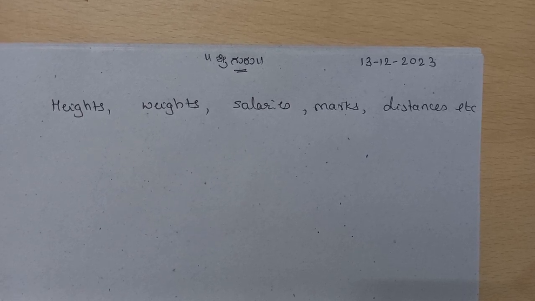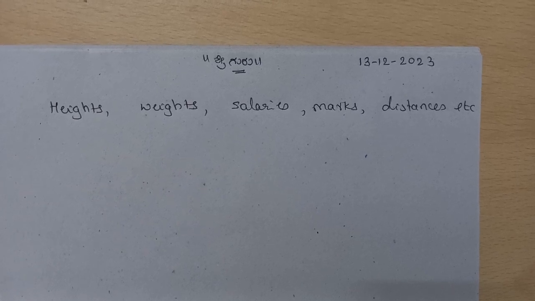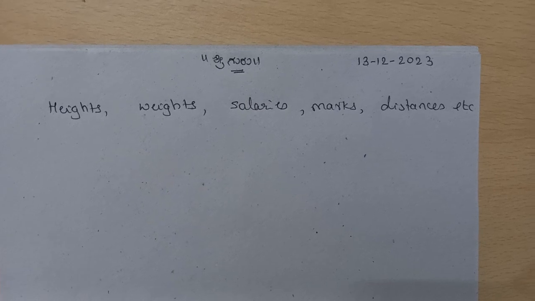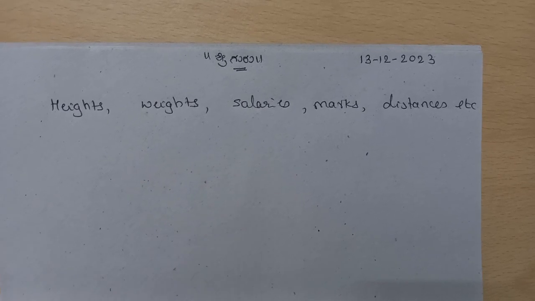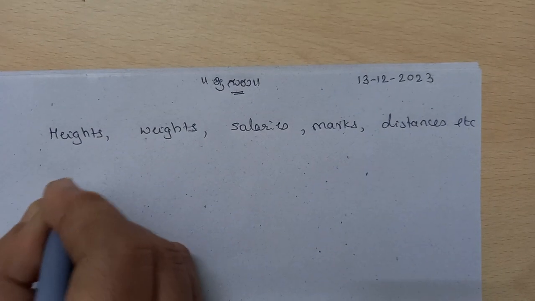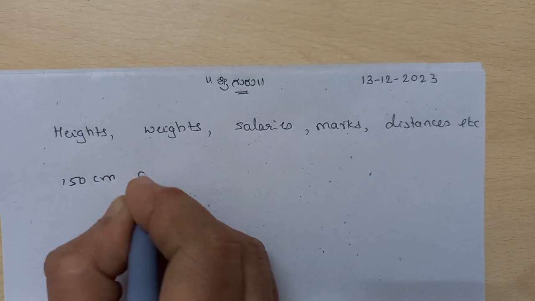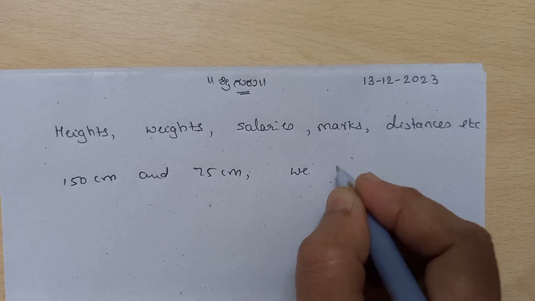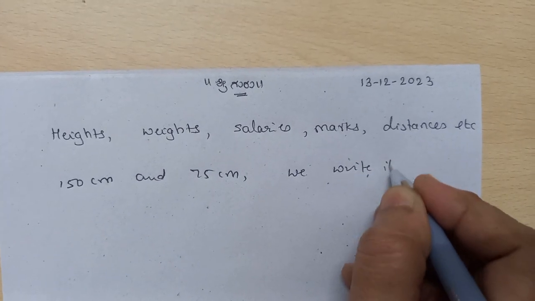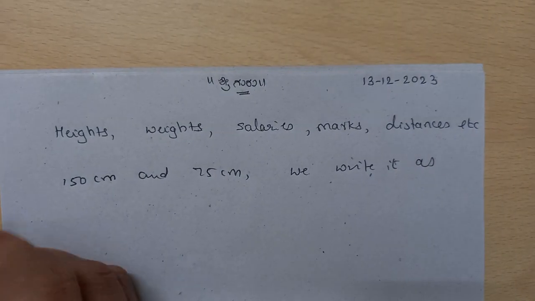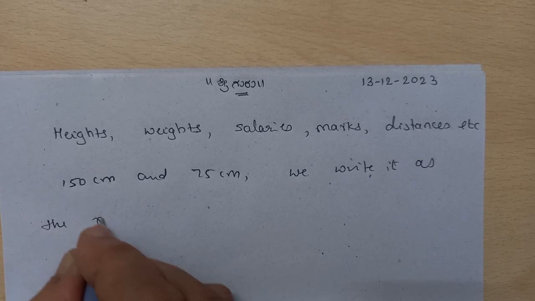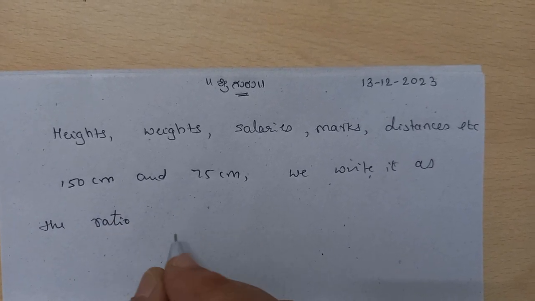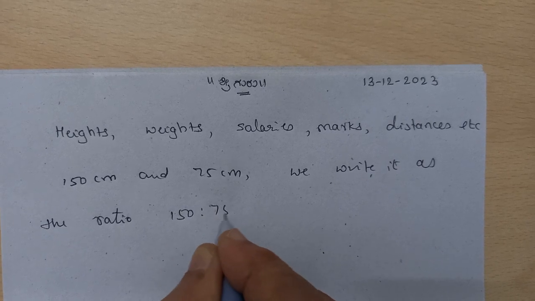And we study these comparisons. While comparing the heights of two persons with heights 150 centimeters and 75 centimeters, we write it as the ratio. Ratio is nothing but the fraction, nothing but the comparison. 150 is to 75.